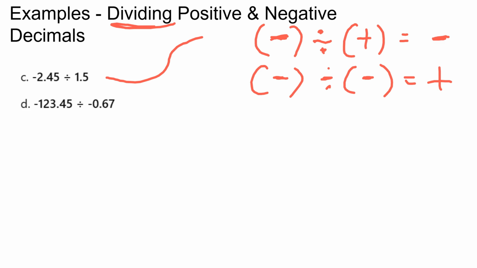Sometimes I would say things that are not correct, but in our video we really want to be sure that we're saying the right stuff. So negative divided by positive is negative. Negative divided by negative is positive.